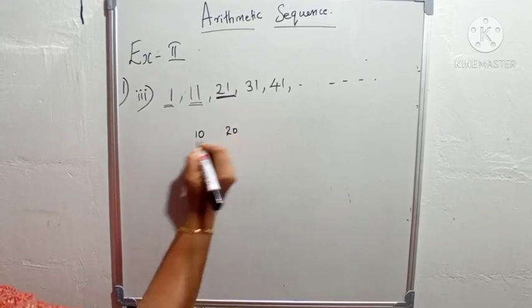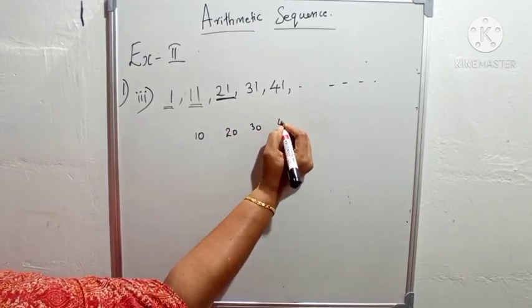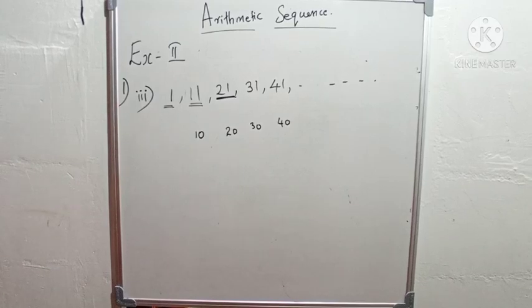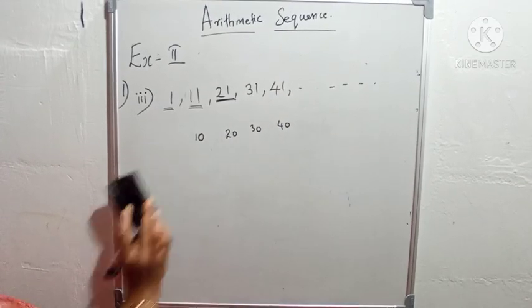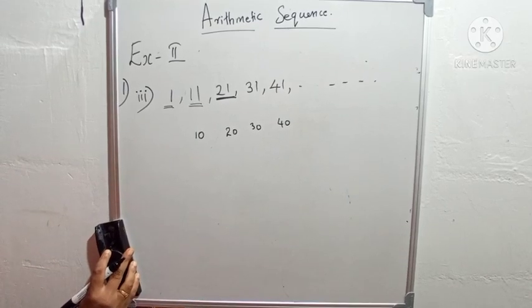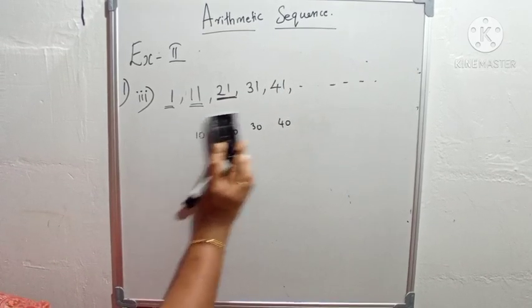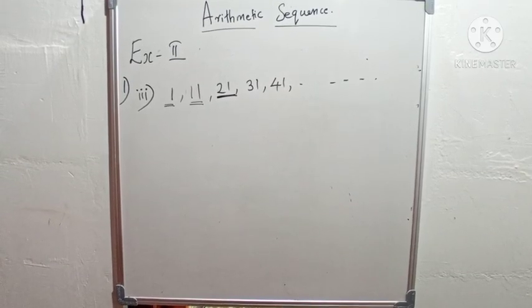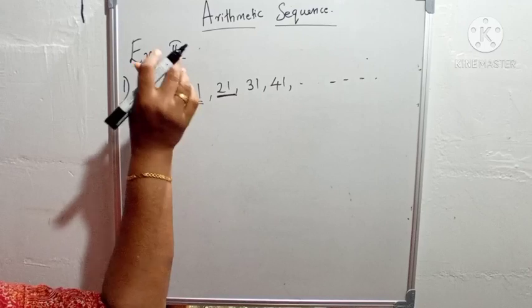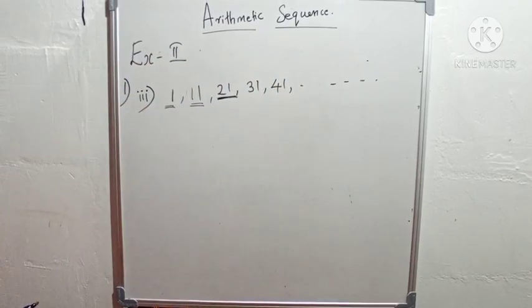That is close to 20, 30, 40, like that. Okay, see, all this 10, 20, 30, 40 are multiples of which number? Yes, they are multiples of 10. Okay, each number is a multiple of 10. So, these are close to multiples of 10.